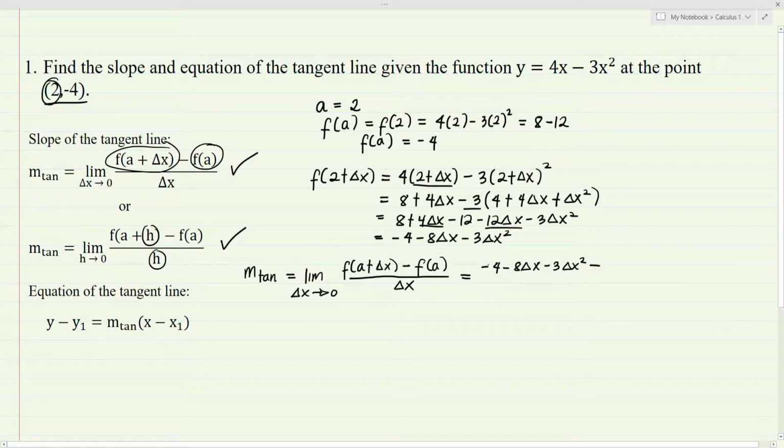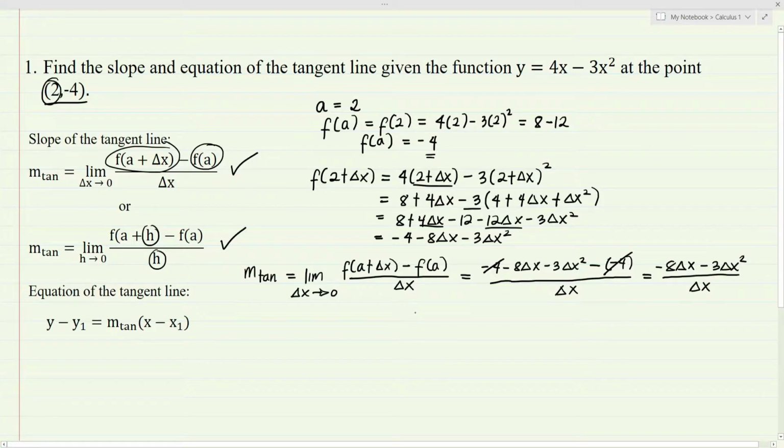Then minus f of a. F of a is just negative 4. Then all over delta x. I can cancel out negative 4 and negative 4 here. Then I will be left with negative 8 delta x minus 3 delta x squared all over delta x.